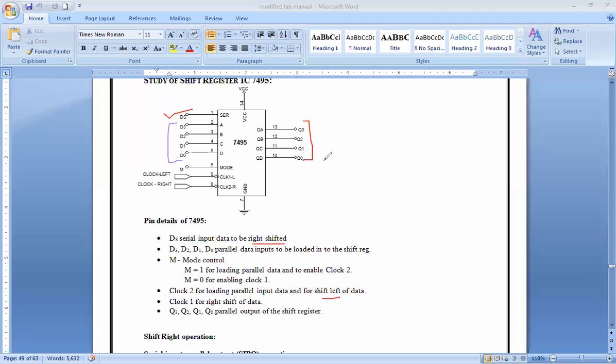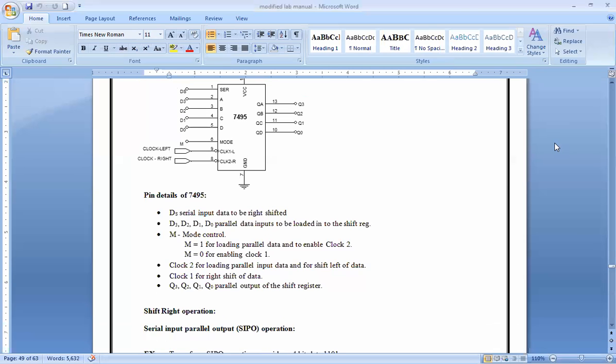I think this point is clear to all of you. Yes, sir. Ground pin is connected to pin 7 and pin 14 is connected to VCC. All these numbers that you see here are the pin numbers.